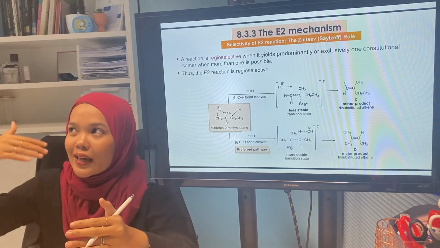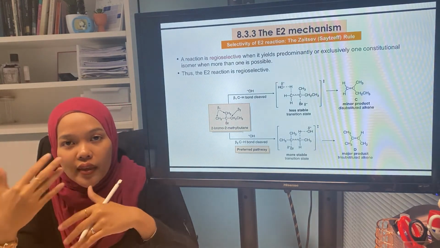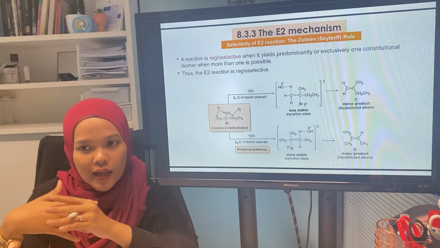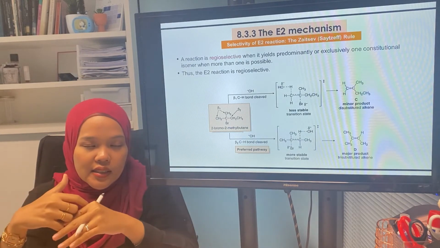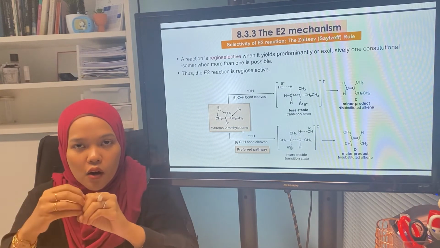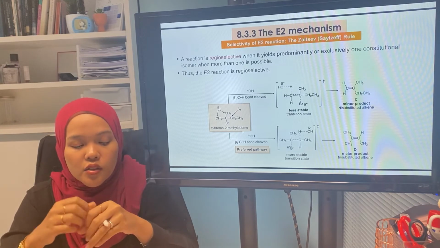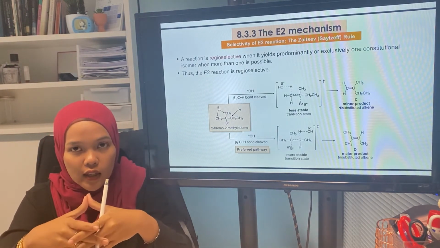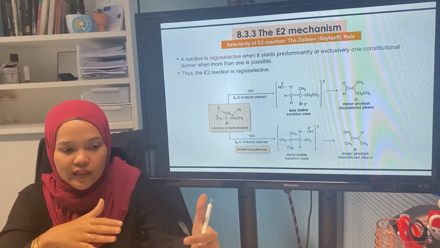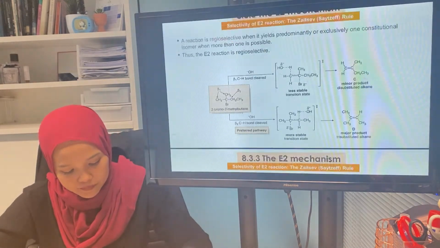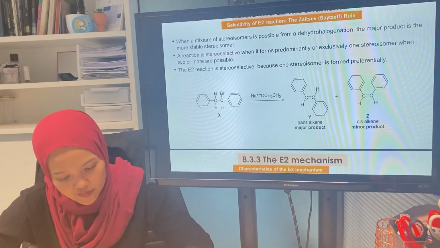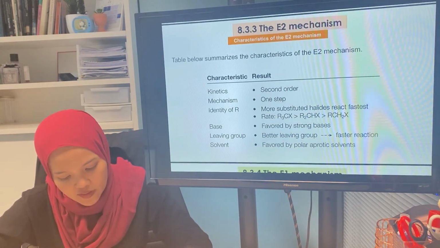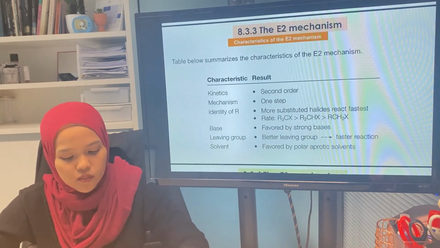But the SN2 mechanism is what we call stereoselective, because it is selective towards one type of stereoisomer. So here it is more on the regioselective, on constitutional isomer. How do you pick the major product? So that's it on the E2 mechanism.